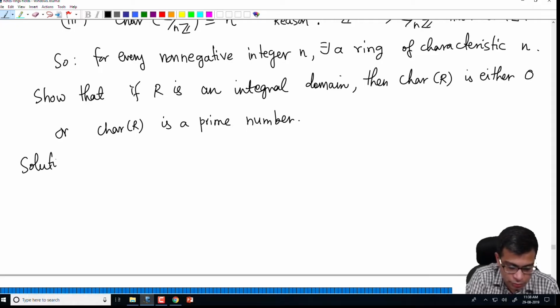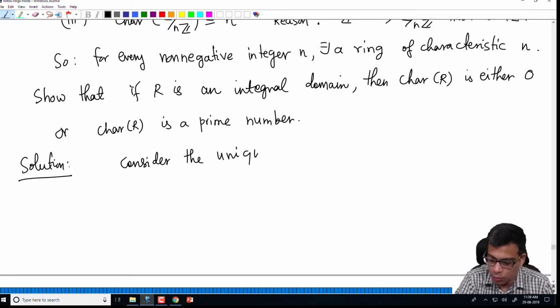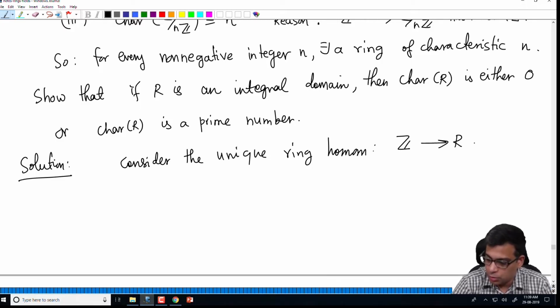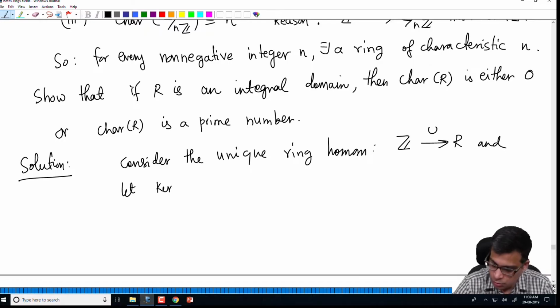Solution. Consider the unique ring homomorphism phi from Z to R, and let the kernel of phi be NZ.